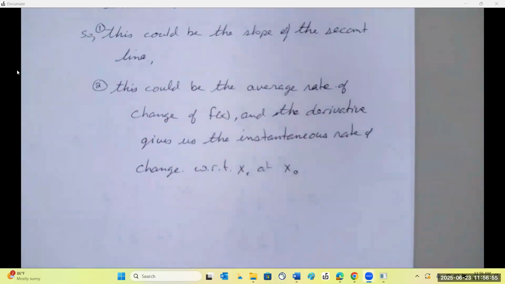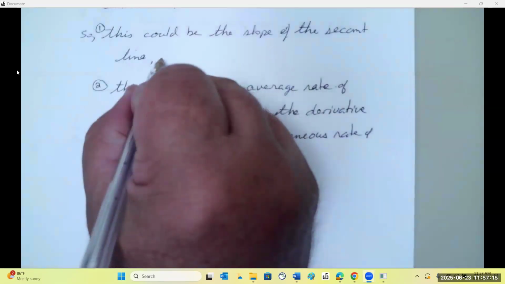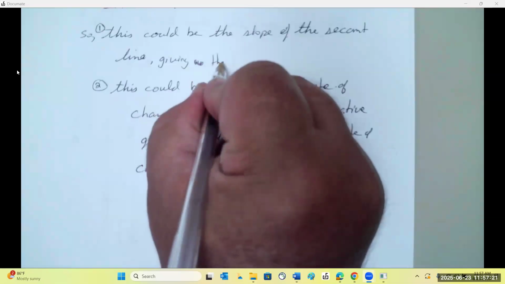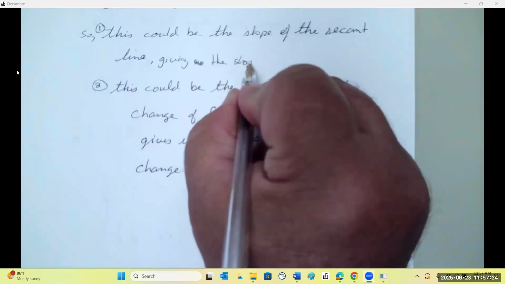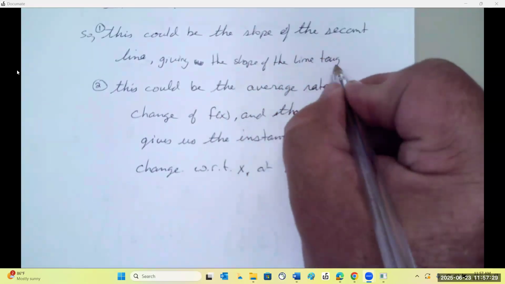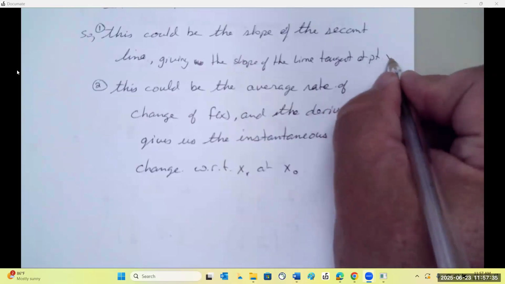At the point x sub 0. So it could be the slope of the secant line giving us, I forgot to finish that one, the slope of the line tangent at point x sub 0.